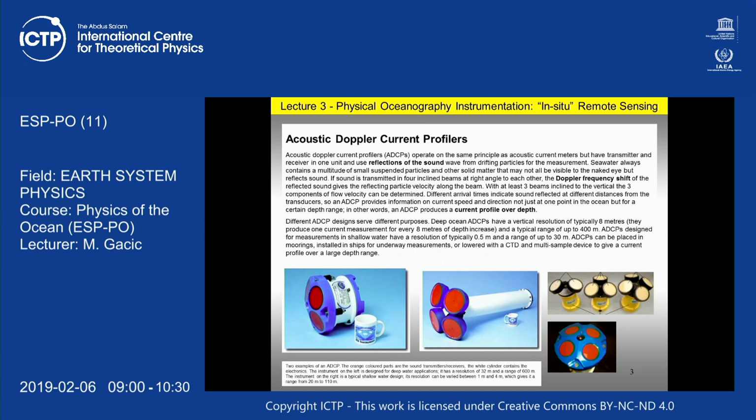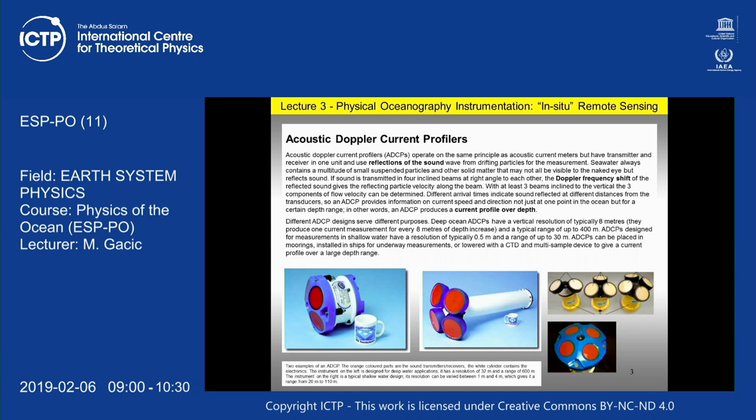movement. If sound is transmitted in 4 inclined beams at right angle to each other, the Doppler frequency shift of the reflected sound gives the reflecting particle velocity along the beam. Okay, so you have these four transmitters, and a different arrival time indicates sound reflected at different distances from the transducers.